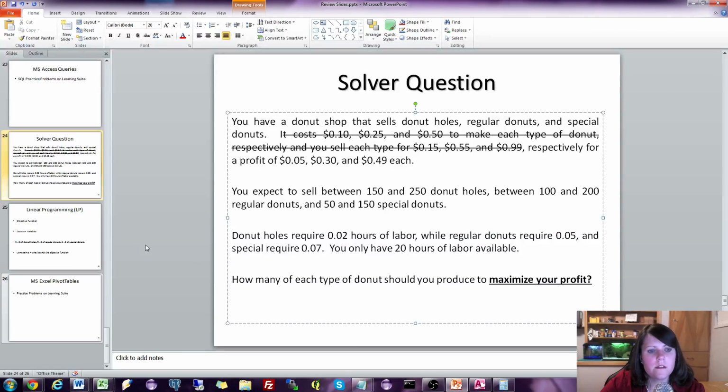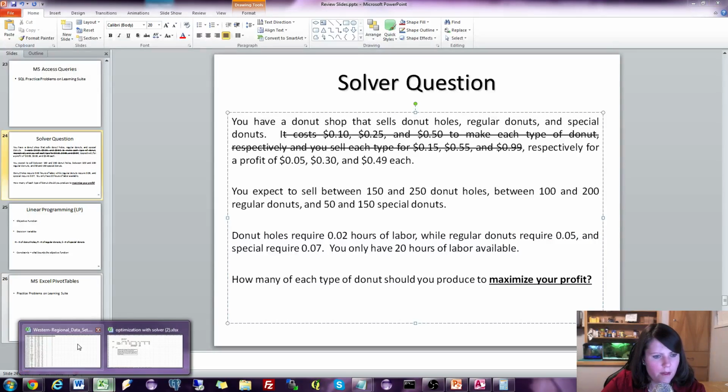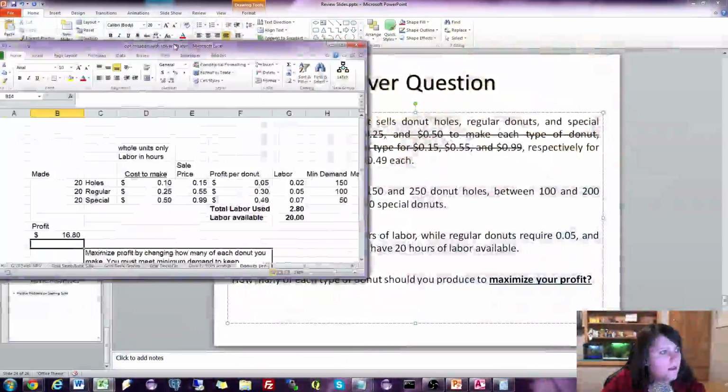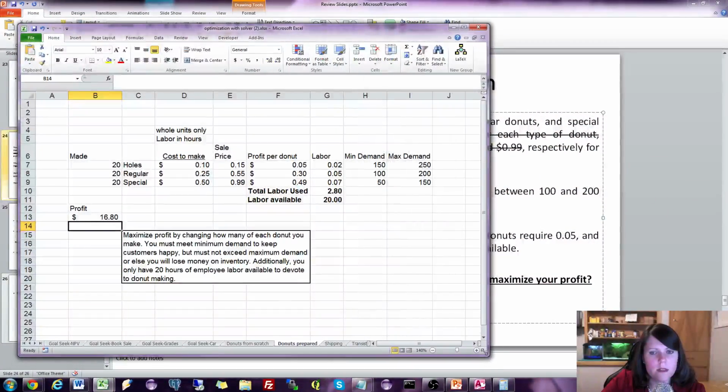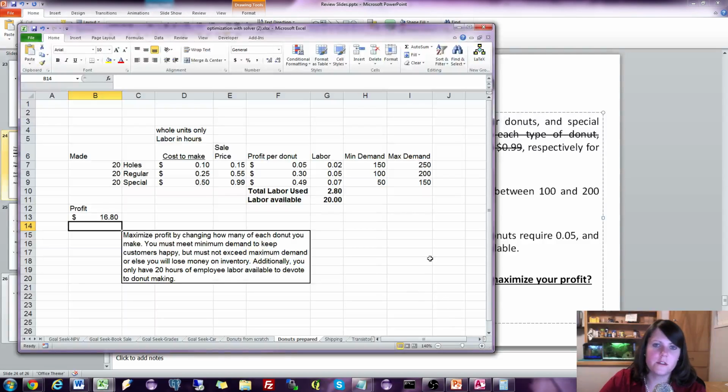So in Solver, let me bring that up. Essentially what's asked for is what your objective function is, what needs to change in order to maximize or minimize the objective function, and then what constraints you need. Some people were struggling with this.